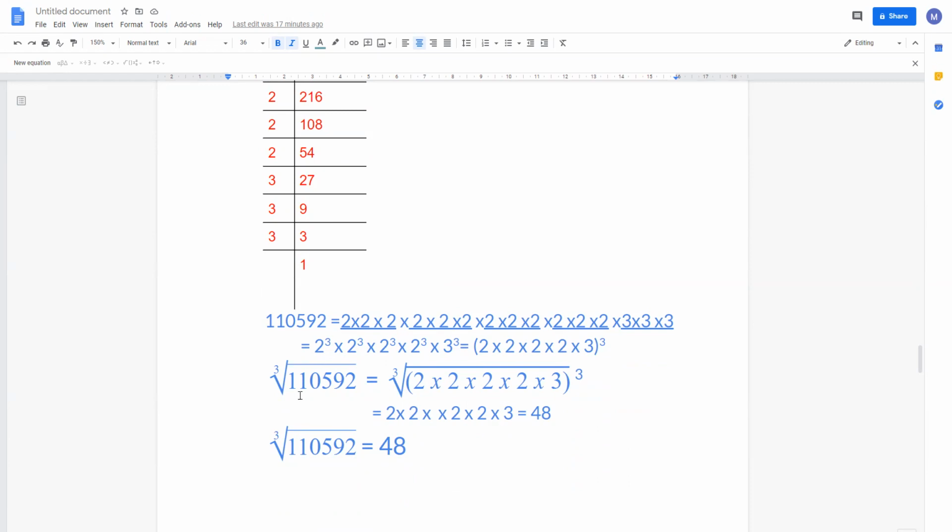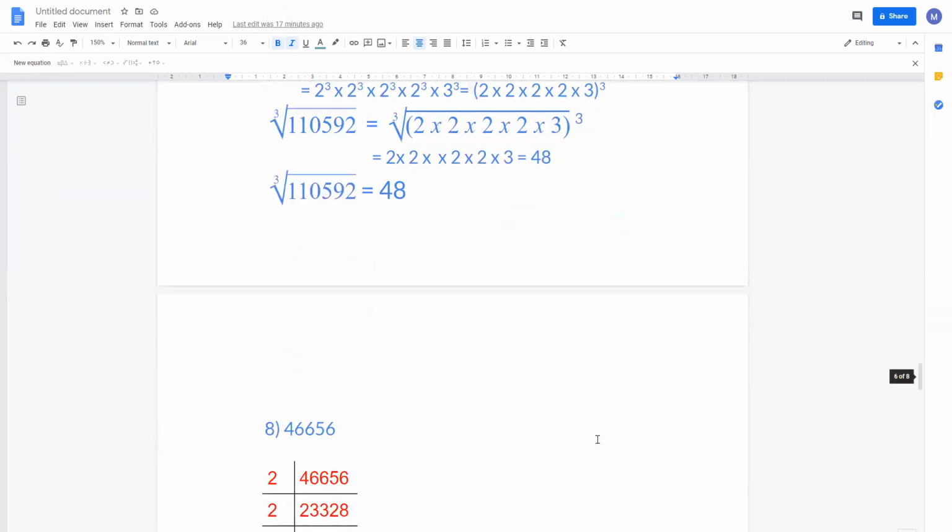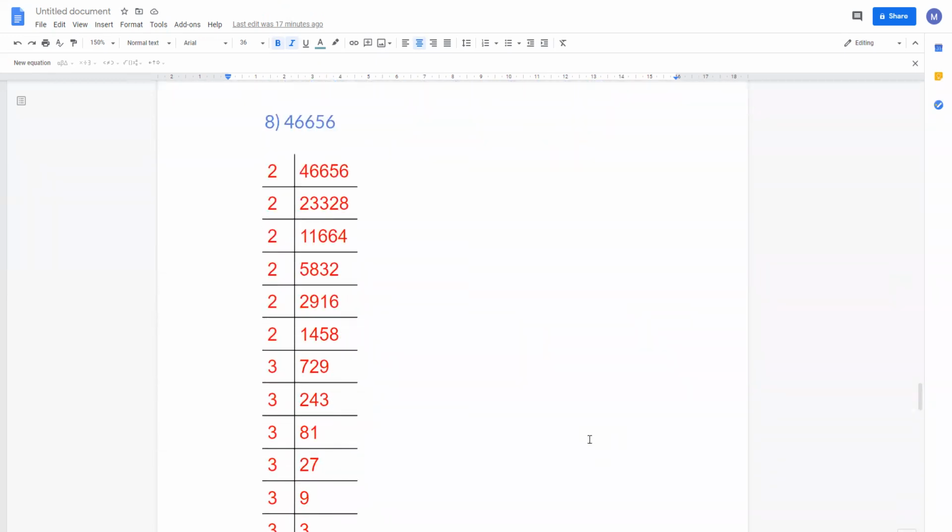Now the cube root of the given number equals cube root of (2 into 2 into 2 into 2 into 3) the whole cube, so it equals 2 into 2 into 2 into 2 into 3, which is 48. So cube root of 1,10,592 equals 48.